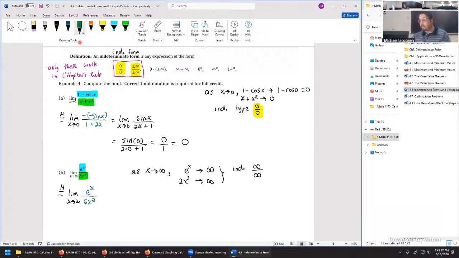And now that derivative is done. It's a slightly different limit, but notice what still happens. E to the x still goes off to infinity. 6x squared, as x gets larger and larger, still heads towards infinity. So this is still indeterminate of type infinity over infinity.